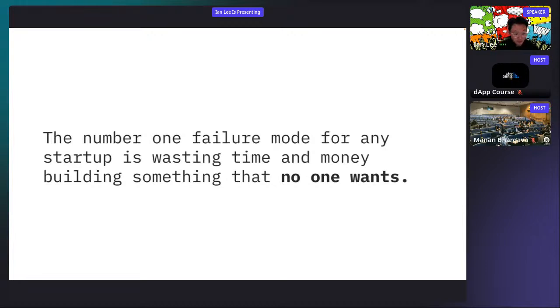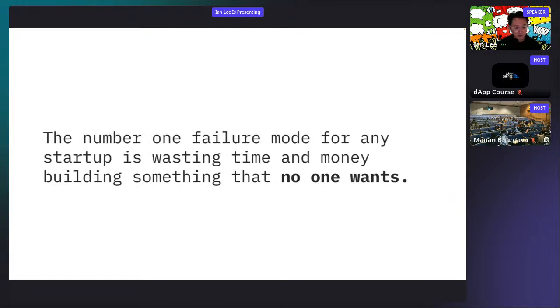It's especially been plaguing crypto and Web3 startups from the very beginning, because people have had this view that it's this amazing technology, and if you build it, people will just come. Maybe that was true years ago when there wasn't much in the world in terms of crypto and Web3, but that's not true anymore. People need to realize that.